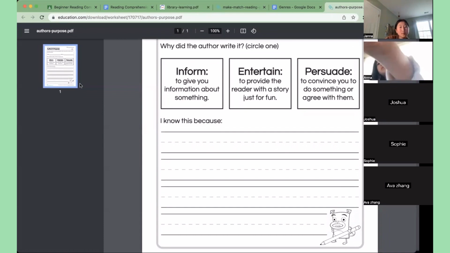Okay, Anna, can you explain, either by unmuting yourself or typing in the chat, why do you think it's to entertain? Everyone who just messaged me in the chat, can you explain your answer?